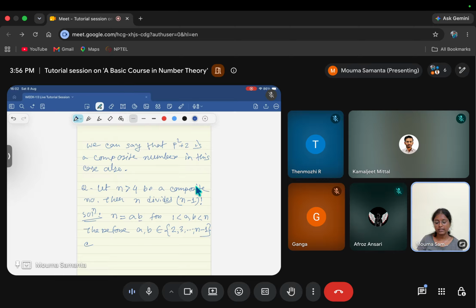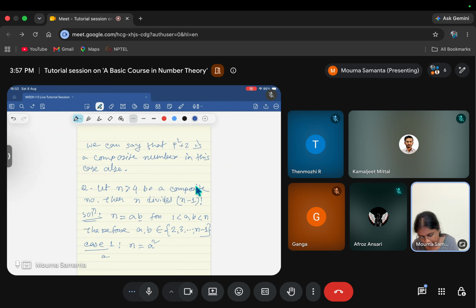So we will divide this question into two cases. The first case is when n is a perfect square, that is n equals a square, a equals b here, and the other case is a not equal to b. So when n equals a square, then what we will do?